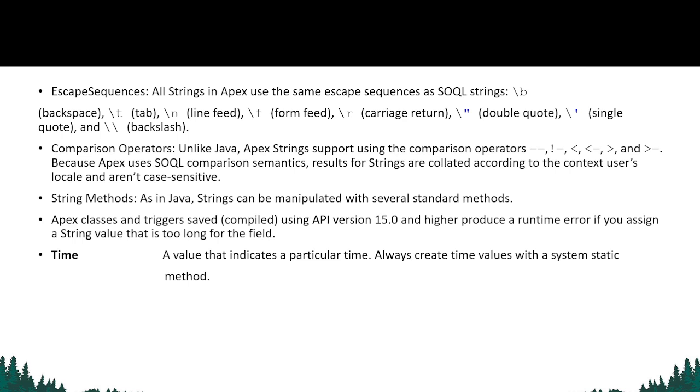Now we have Apex classes, we have different triggers, we have the API options, then we have the time. The value will indicate only the time of the particular day and it will be a static method.